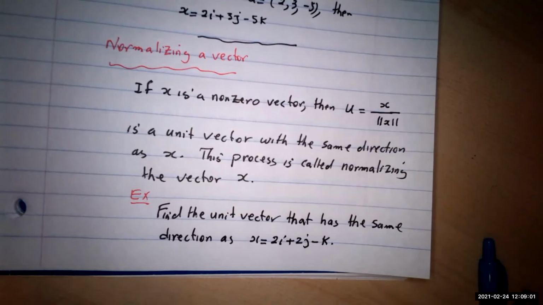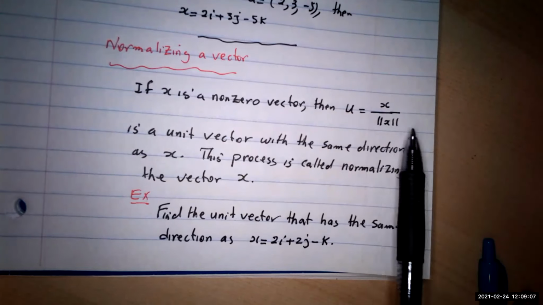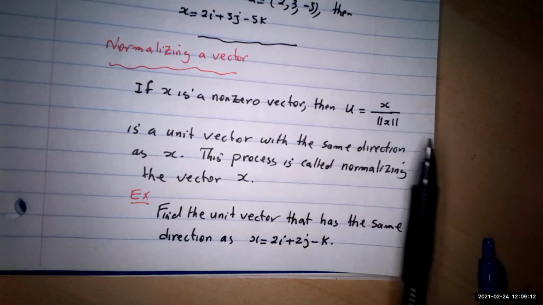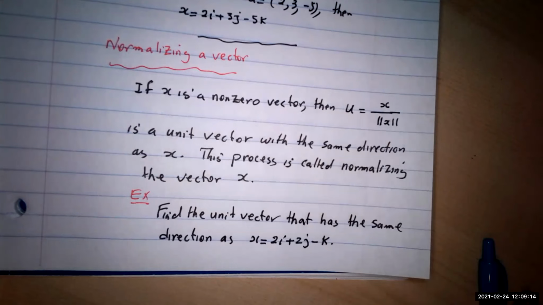You see, this vector is given to you. This vector is not the unit vector. You want to normalize it. Find the norm, then divide the vector by that norm. Then it's going to be normalizing.